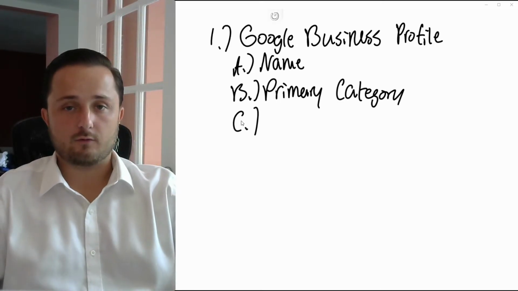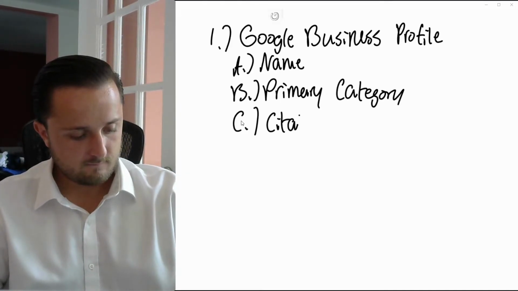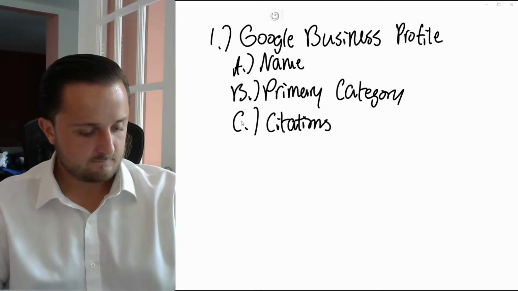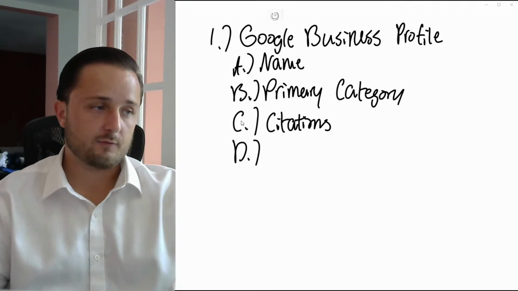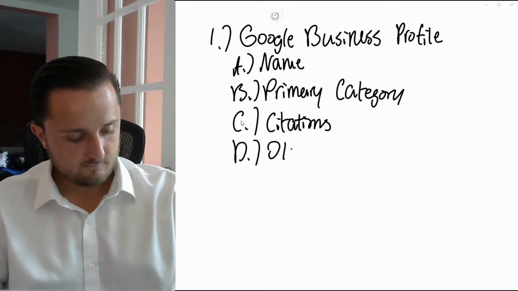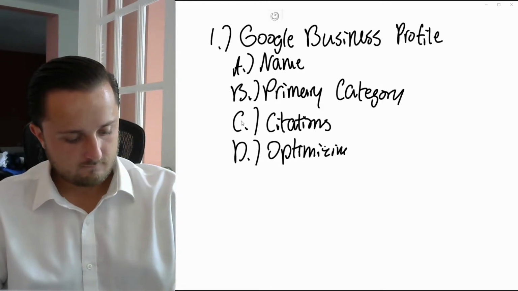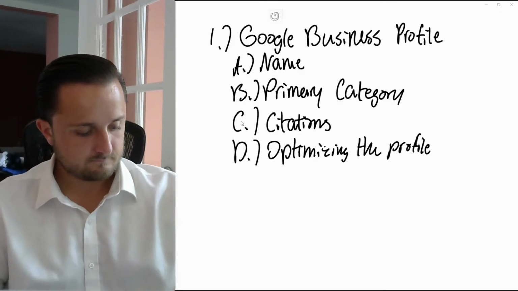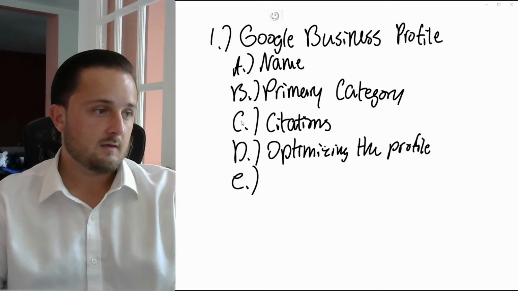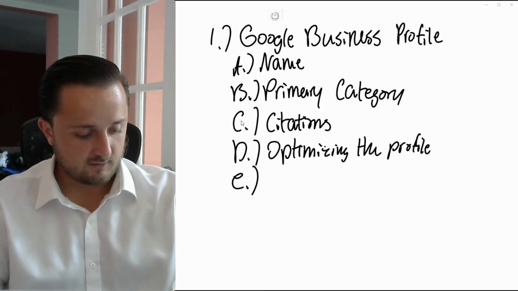Then we're going to go over setting up citations for the vehicle wrapping company. Then we are going to go over optimizing the profile. Then we are going to go over being a service area based profile versus a verified address.